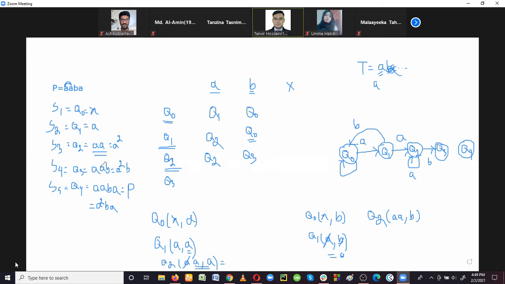So when it will receive A, now it has 4 characters A, A, B, A, which is our pattern. So now it will move forward to our final destination, or its next state, Q4. That is our pattern.